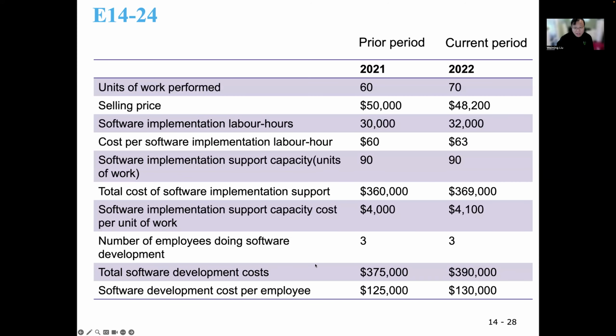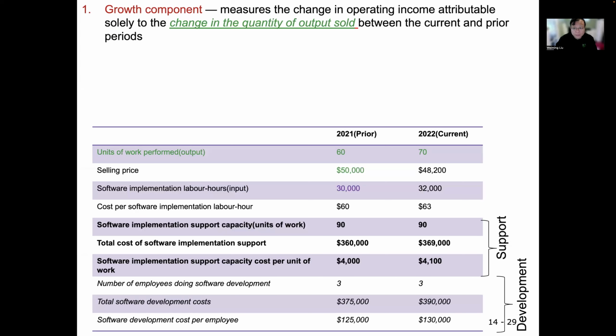Now let's take a look at how we figure out the different components using the formulas. For the growth component, I want to see what my revenue effect is. The revenue effect of the growth component uses current period sales minus prior period sales, times the prior year's selling price.